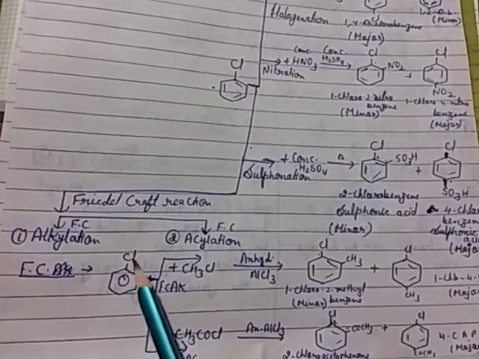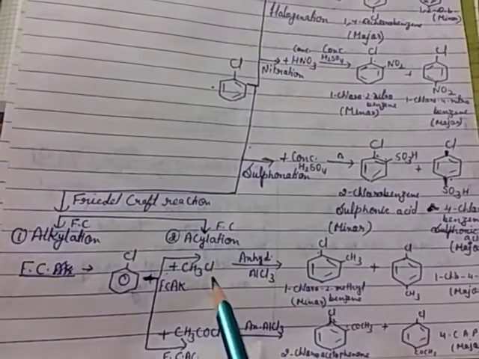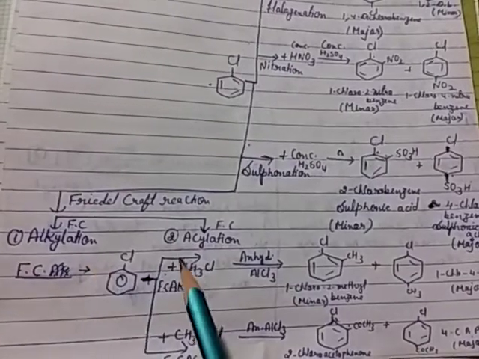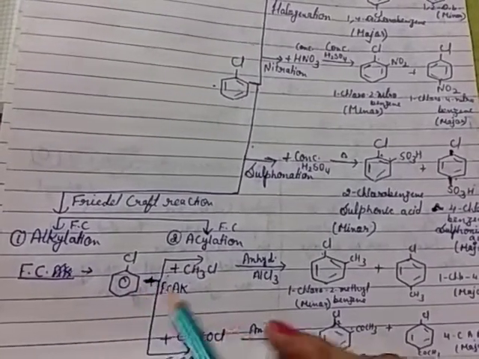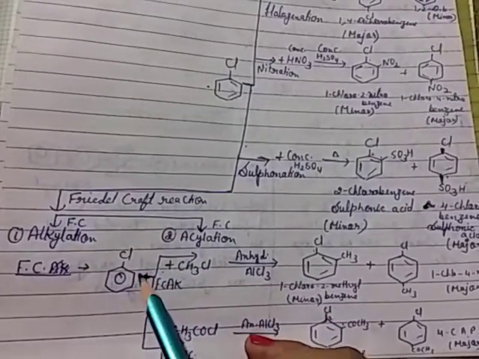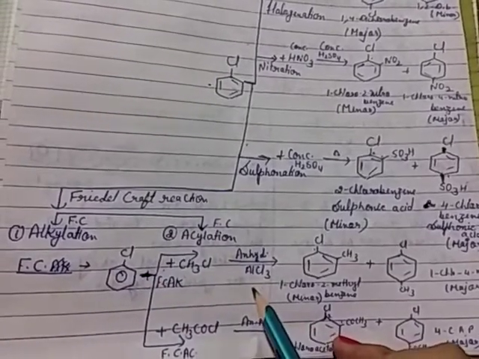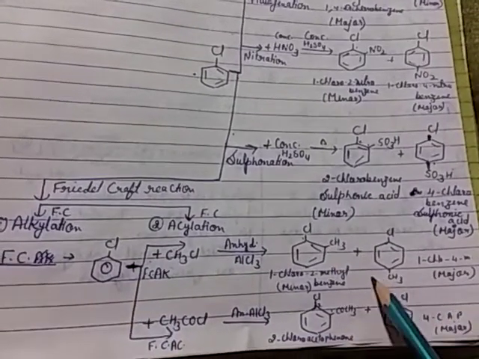Alkylation means chlorobenzene reacts with an alkyl chloride like methyl chloride, CH3Cl. So its name is alkylation. The CH3 group attaches at ortho and para, so on this side a hydrogen is replaced. So HCl is removed and then CH3 attaches at the ortho and para positions.